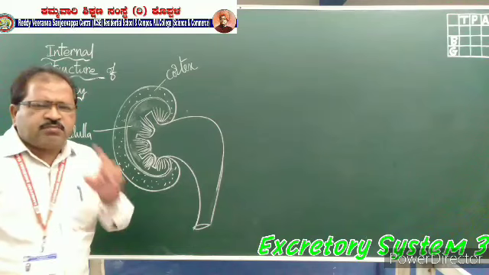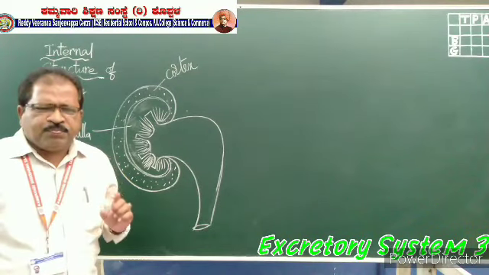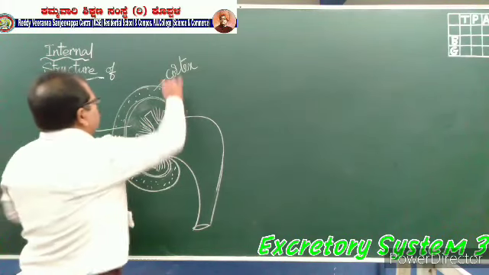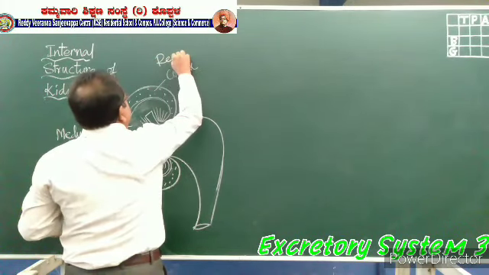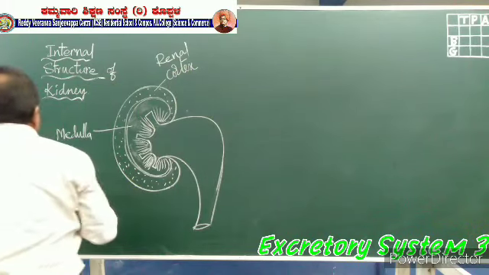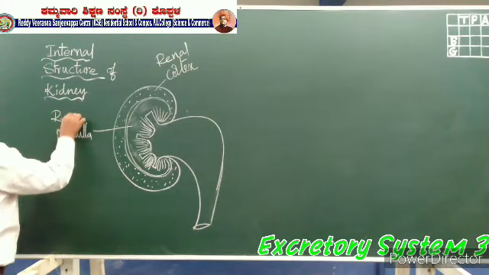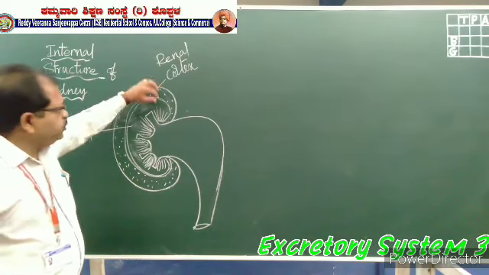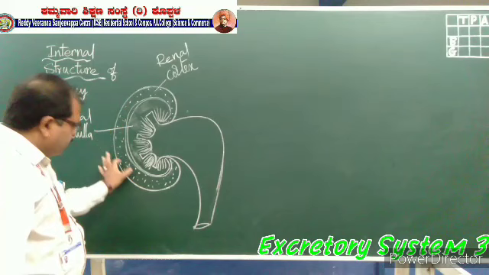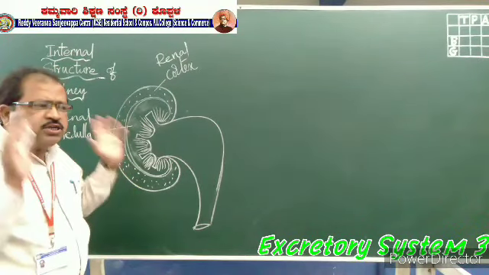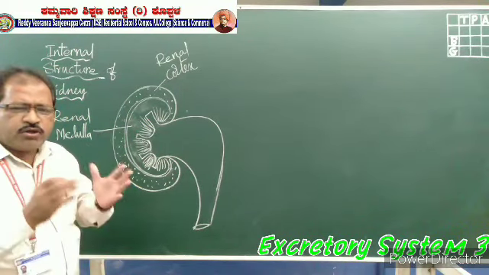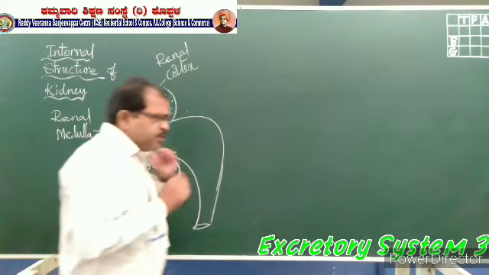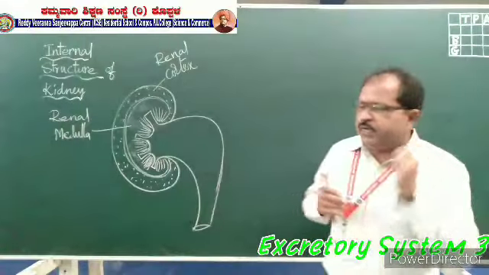This dotted appearance of the cortex of the kidney is because of the nephrons. It is also called the renal cortex, and likewise the renal medulla. The renal cortex is dark red in color and completely dotted in appearance. Why is this dotted appearance presented?